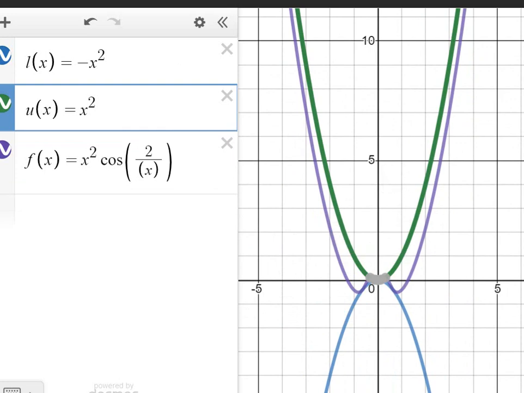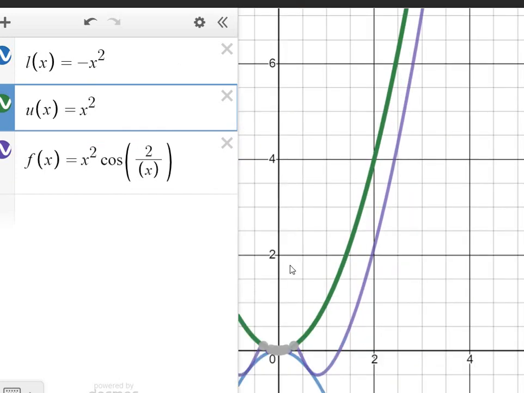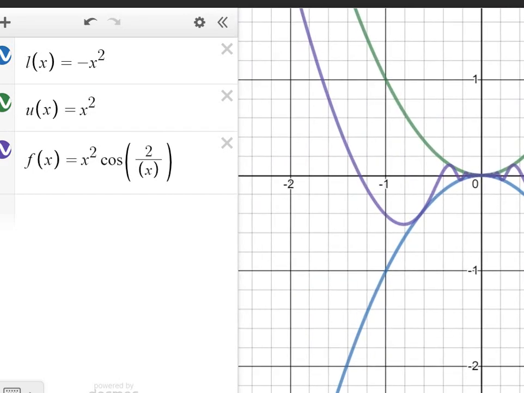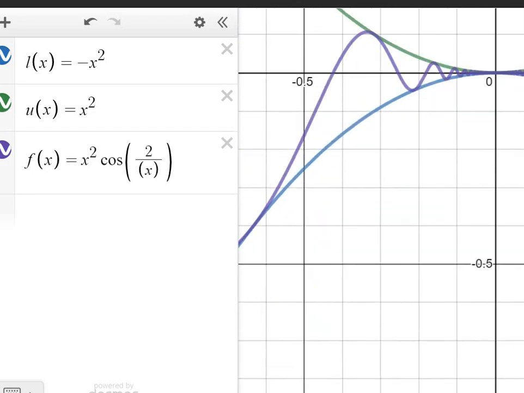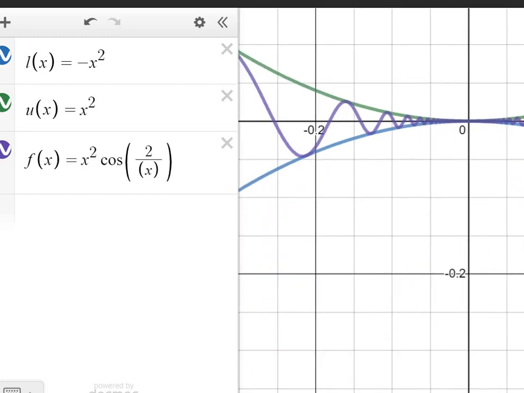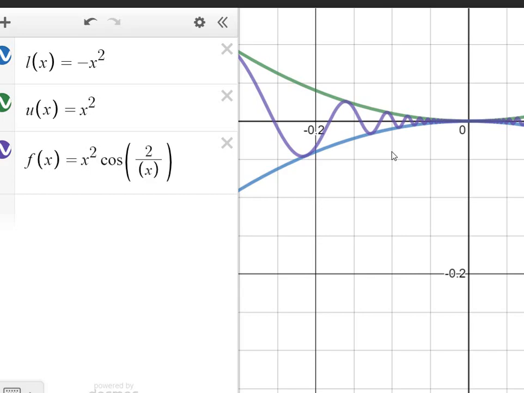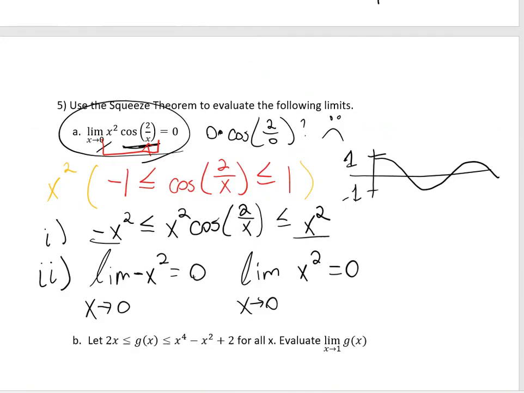So if we zoom in, what we can see is that our function f of x is always trapped between these two, which means that since they both share the same limit of going really close to 0, so does our crazy wild f of x function. How neat is that?